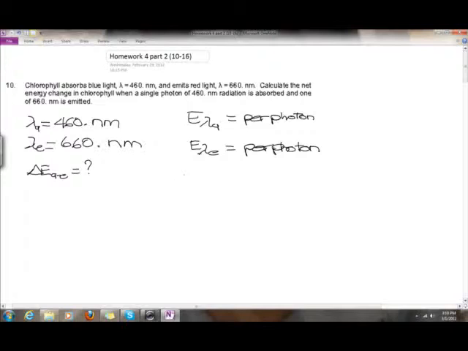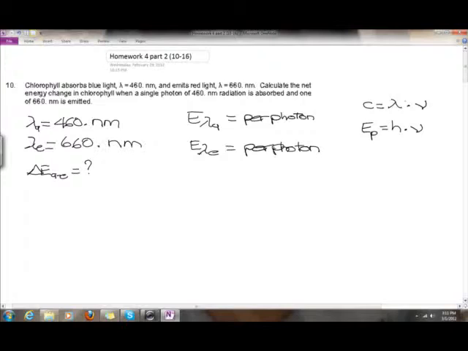Now, let's write down the formulas on the right side here. We know that the speed of light is equal to the wavelength multiplied by the frequency. And we also know that the energy of a photon, Planck energy, is equal to the Planck constant multiplied by the frequency.